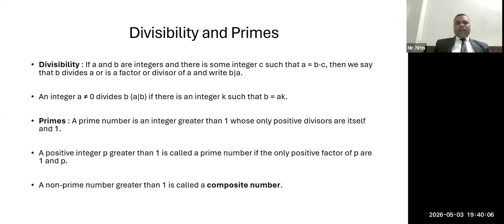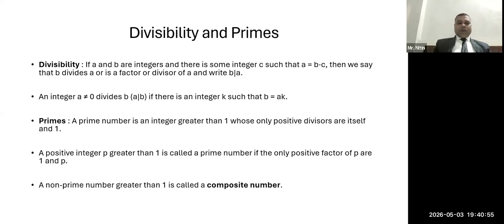What is P, guys? In the second definition, instead of a specific number, we have considered P. P is a prime number when the only positive factors of that number P are 1 and P itself. The basic condition is that the number should be greater than 1, meaning 2, 3, 4, 5, 6, these numbers we consider whenever we define primes.